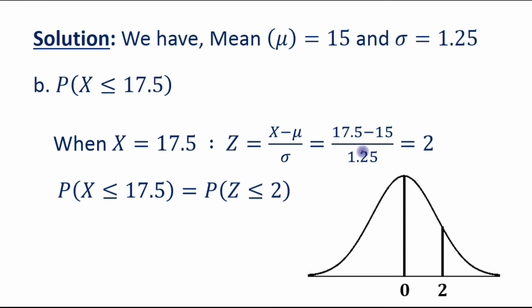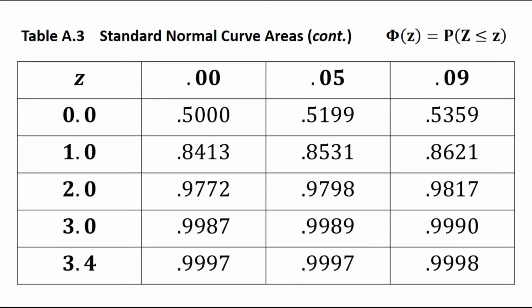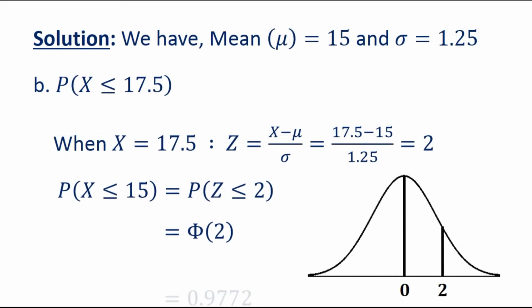So we need to find this area to the left of this value, that is 2, phi 2, and now we will look at the table. So phi 2 is 0.9772.